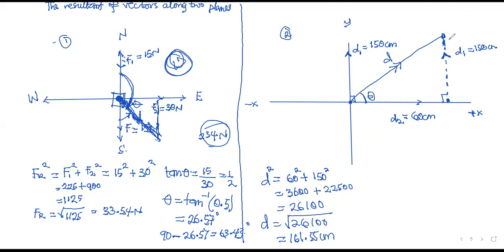So once I have the opposite to this angle and the adjacent, tan of this angle is equal to 150 over 60. And this is equal to 5 on 3. What's the tan inverse of 5 on 3? Yes.